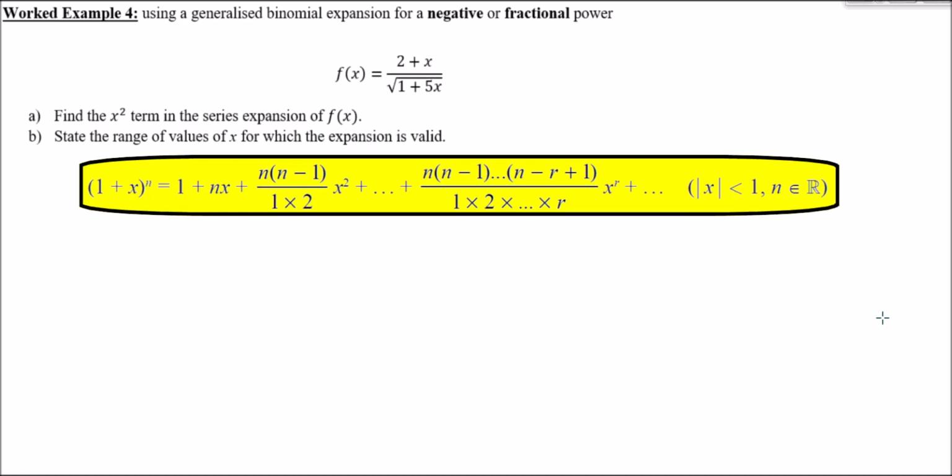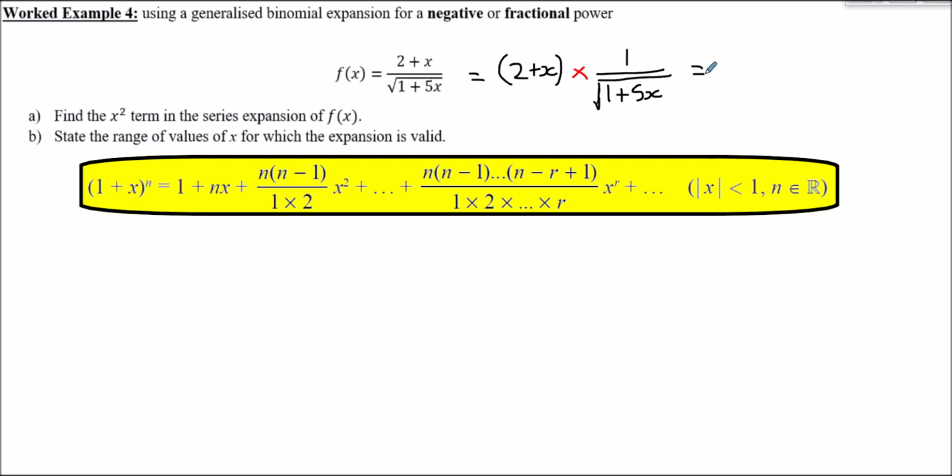So we need to rethink what f of x actually is. We need to think of f of x as being 2 plus x multiplied by 1 over the square root of 1 plus 5x. But 1 over the square root is a reciprocal of what we're square rooting.